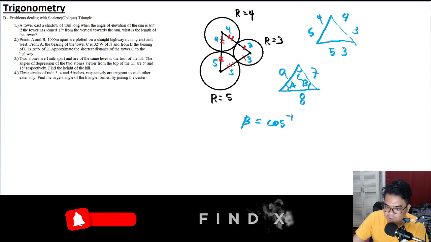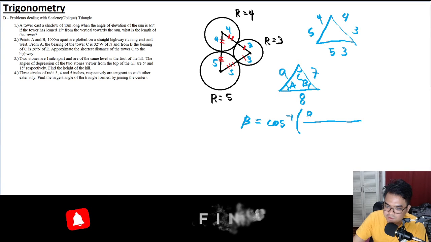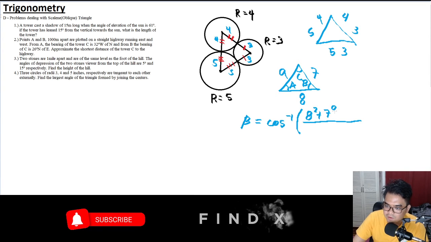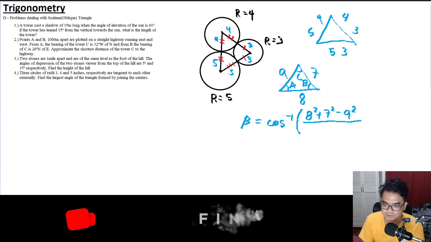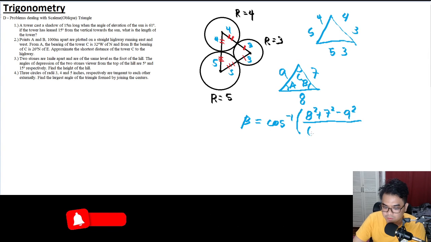It's not actually the shortcut, but the easy way: the longest side is 9, right? So all you have to do is add the squares of the two sides and then minus the square of the longest side, over 2 times the two sides, 2 times 8 times 7.